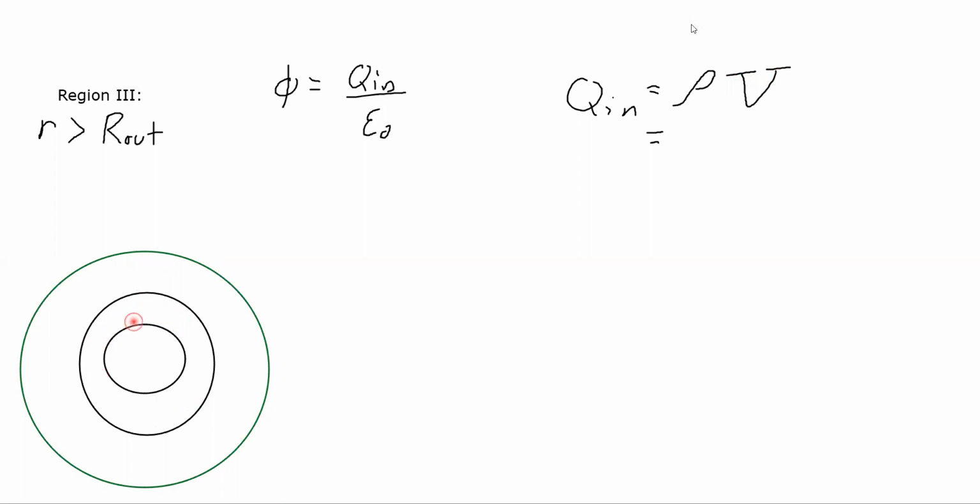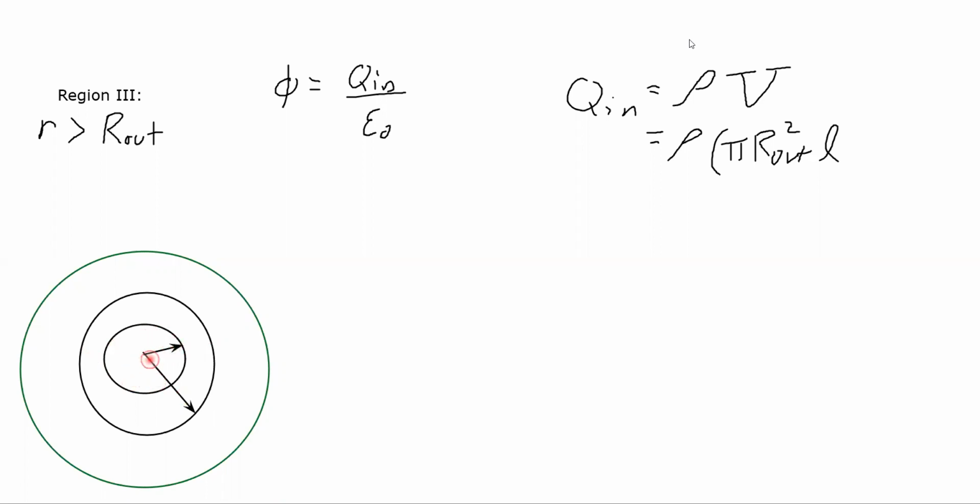So how do I find the volume there? Well, remember our radii, we have R in and then R out. How do you find the volume between R in and R out? Volume of a cylinder is pi R out squared times L. That would be the whole thing. But I don't want to include this empty space in the middle, there's no charge there.